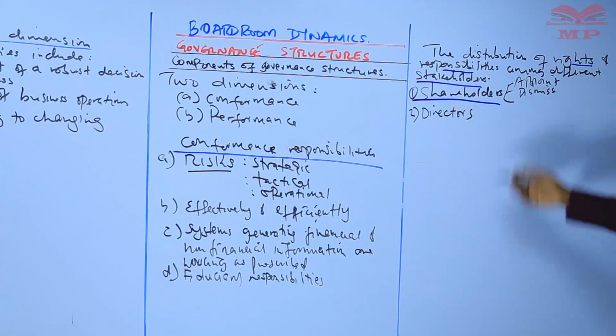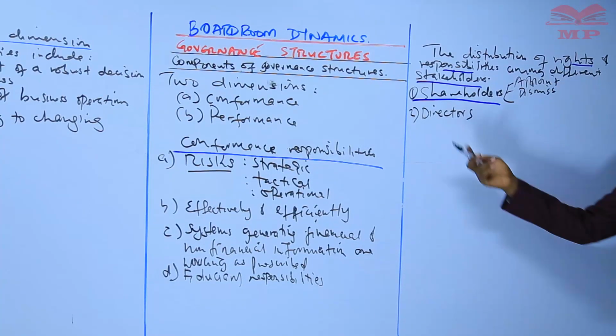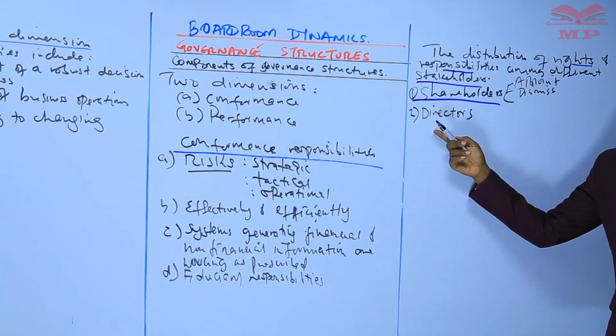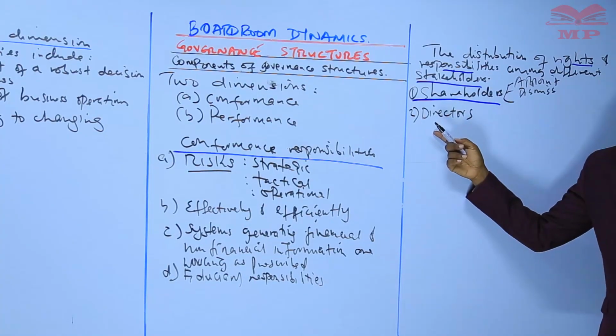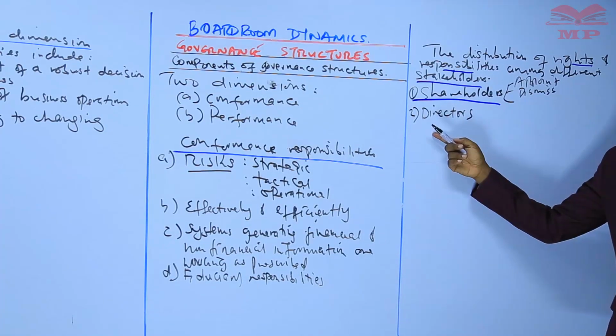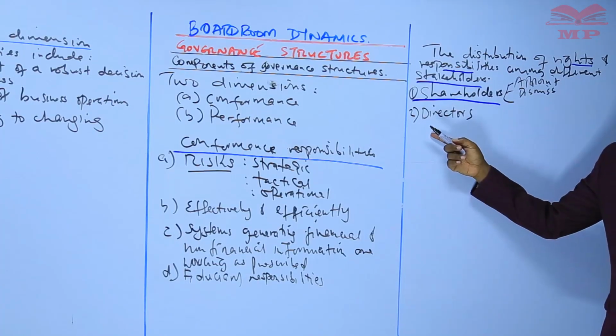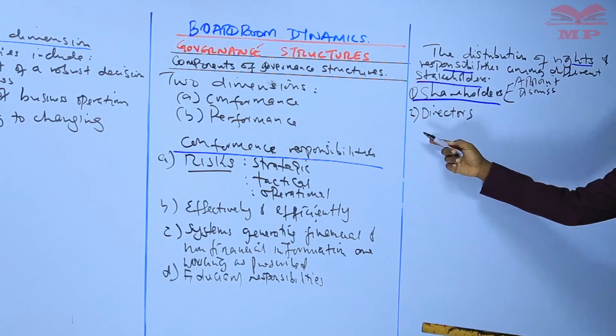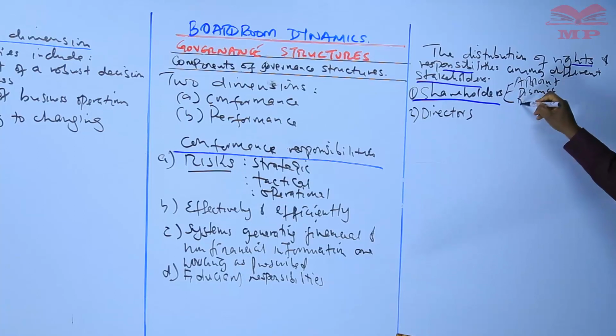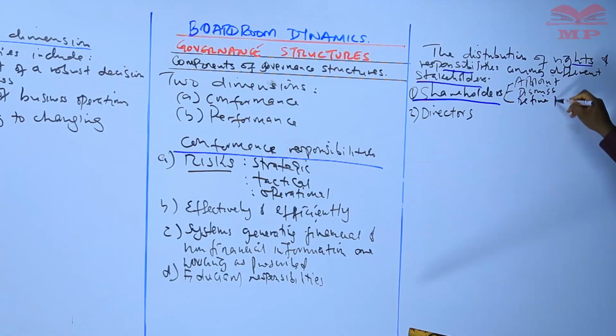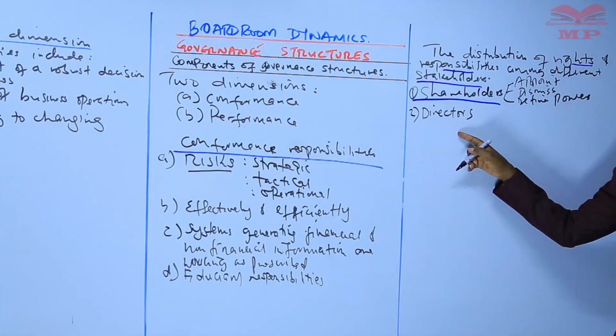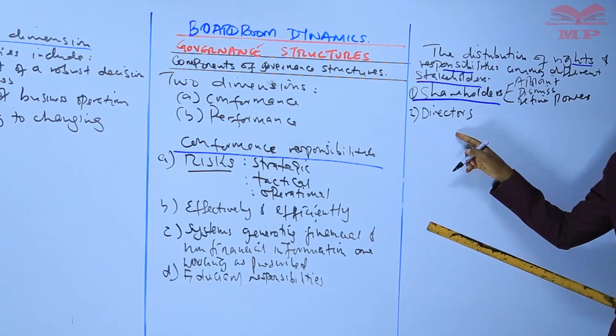They have the power to appoint, they have the power to dismiss these directors. That's one of the main shareholder rights, to nominate directors and also to define the powers of the board. Define the powers of these directors who sit on a board. Okay?